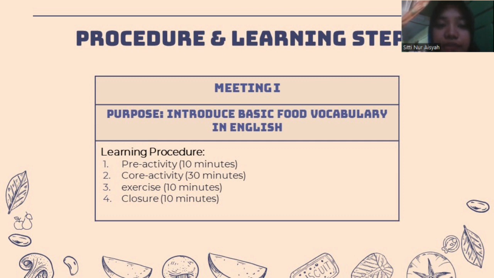First, pre-activity, which will take 10 minutes, where the teacher greets the students and has a short conversation about their favorite food. Second, core activity, which will take 30 minutes, where the teacher will show various pictures of food, fruits, and vegetables to students.